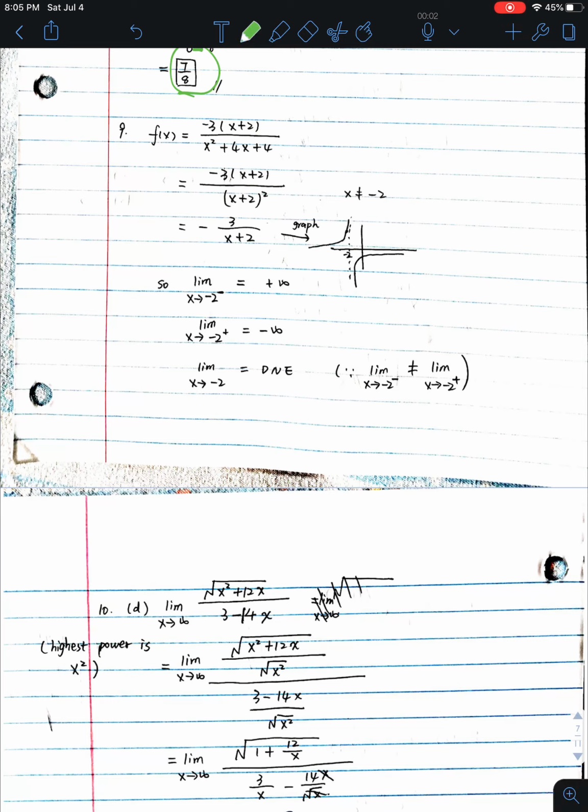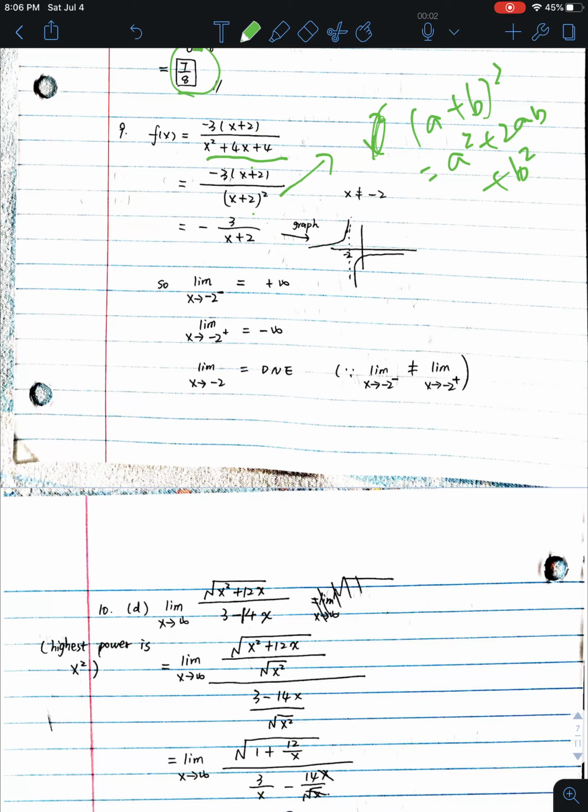And for question 9, this is a function, and we can simplify the denominator part. That's a quadratic form. We can write it as x plus 2 squared, because when we expand (a plus b) squared, that's a squared plus 2ab plus b squared.